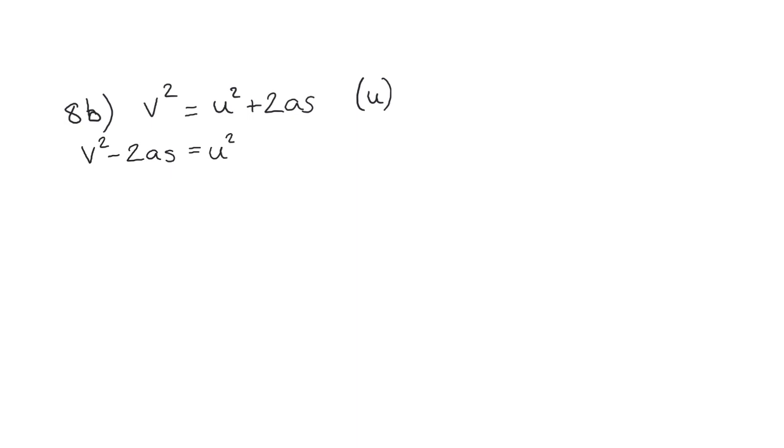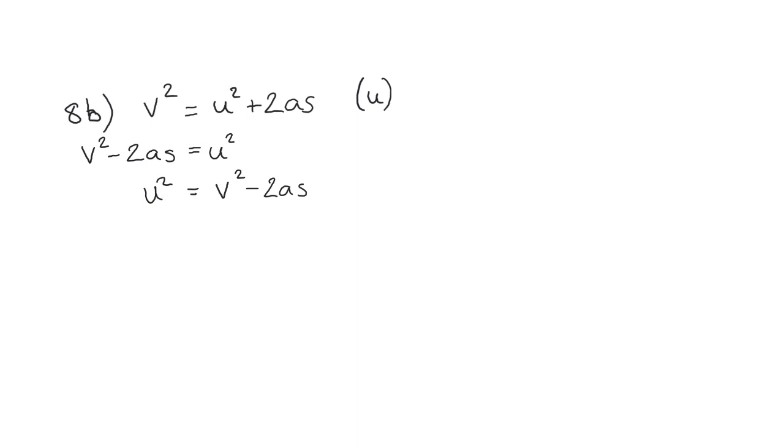Now, from my knowledge of change of subject, I know that the subject is going to be in the left-hand side. So what I'm going to do just now is flip this whole expression. So as far as what's in the expression goes, nothing's changed. I've just turned it around. So u squared is equal to v squared minus 2as.